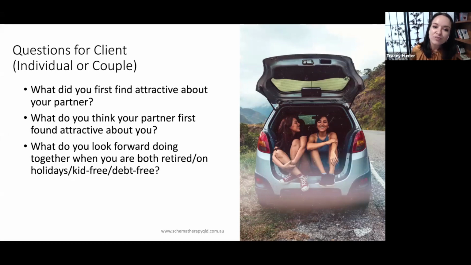And what do you look forward to doing together when you're both retired or on holidays or kid-free or debt-free? I really love this question because what you're doing is removing all the stresses of life or the external demands from the imagination. You're bypassing that and saying, when you're both at your most free, what do you look forward to doing together?